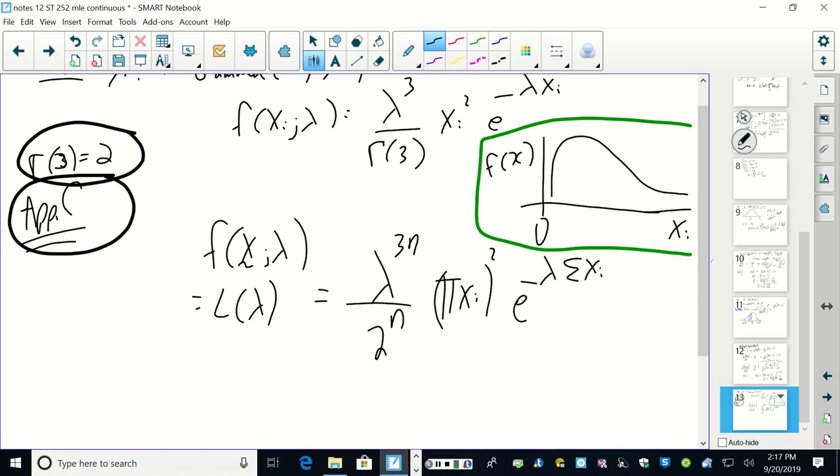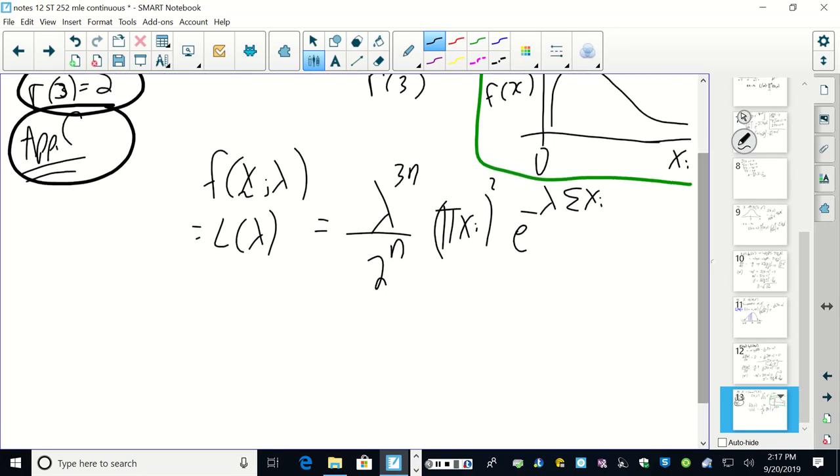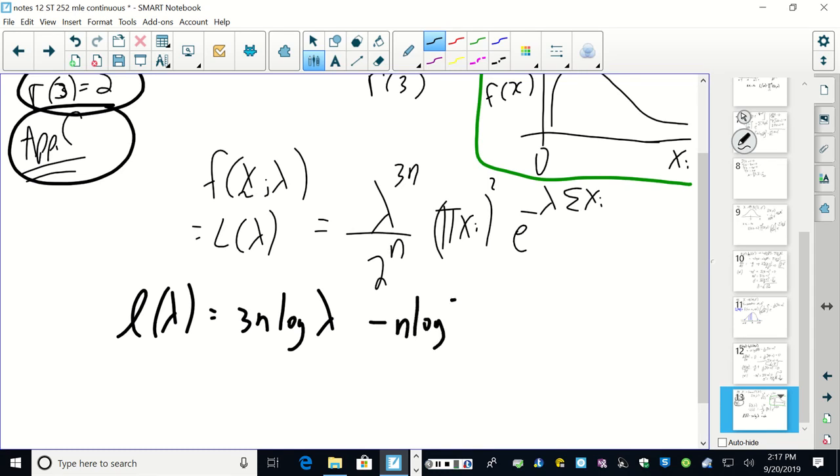There's a couple other appendices, one that does more with probability, and you could just leave it as gamma of 3. When we take the logs and differentiate, it doesn't involve lambda, so it's going to go away. But that's the numerical value. So the log of this thing, 3n log of lambda minus n log of 2.